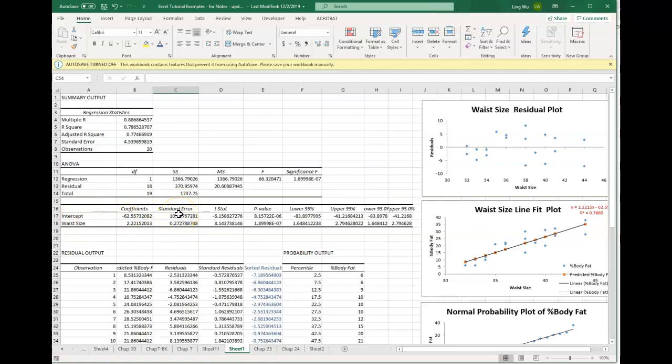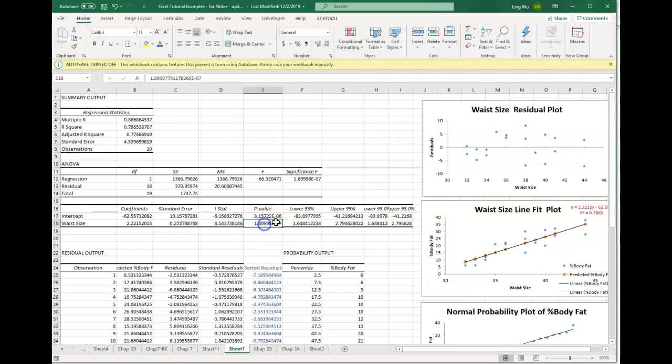And another two values we normally ask for is the T statistic value. So that's most common. We use this B1's T test value, which is 8.14, and the P value associated with this T is 1.899 times 10 to the power negative 7.